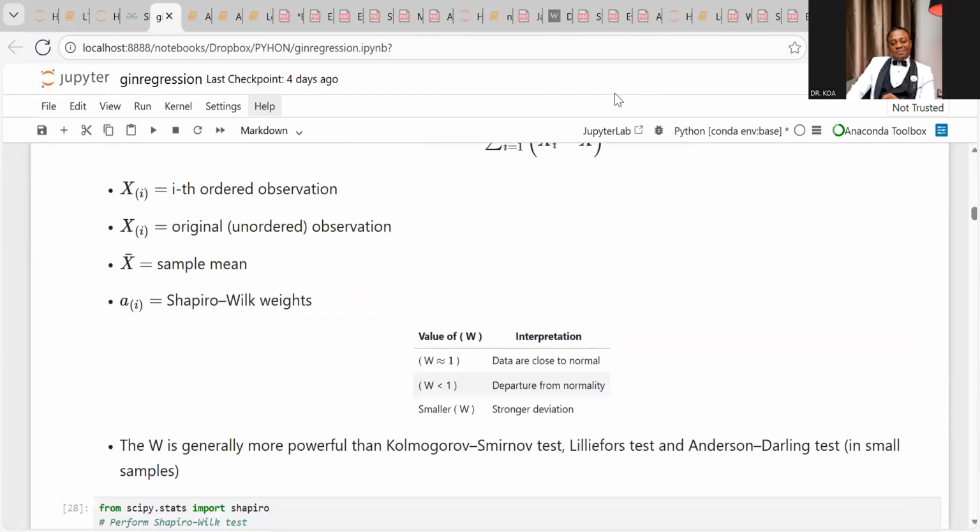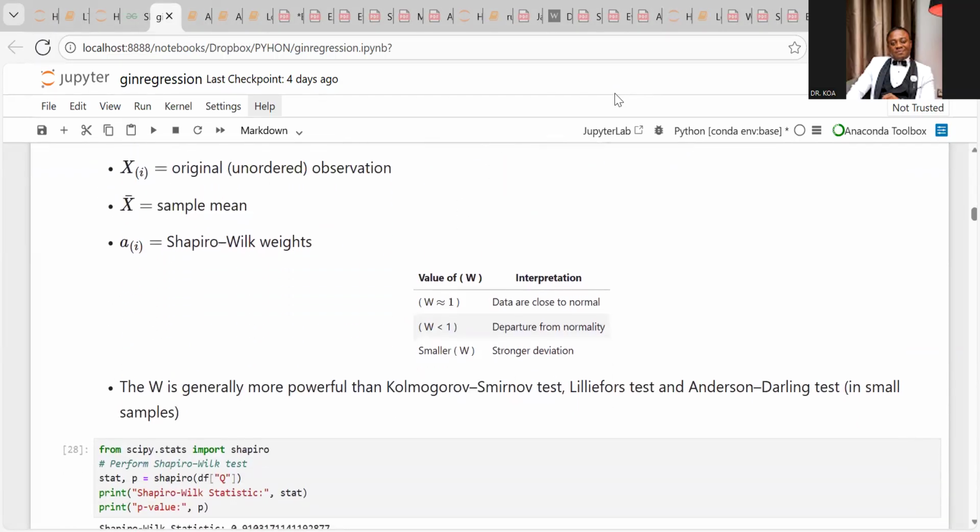The good thing about this test is that it can help you to know whether the data is normal. The moment the test statistic is very close to 1, it means that the data is normal. But if it is far away from 1, it is not normally distributed.